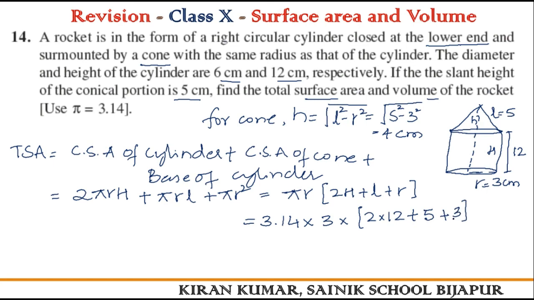This will be 8 added to 24, which is 32. So 3.14 to be multiplied with 3 to be multiplied with 32. This will be equal to 301.44 centimeter square.